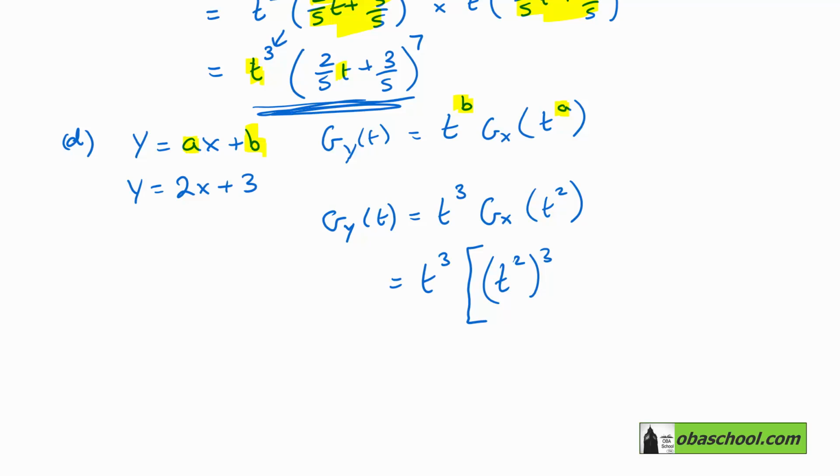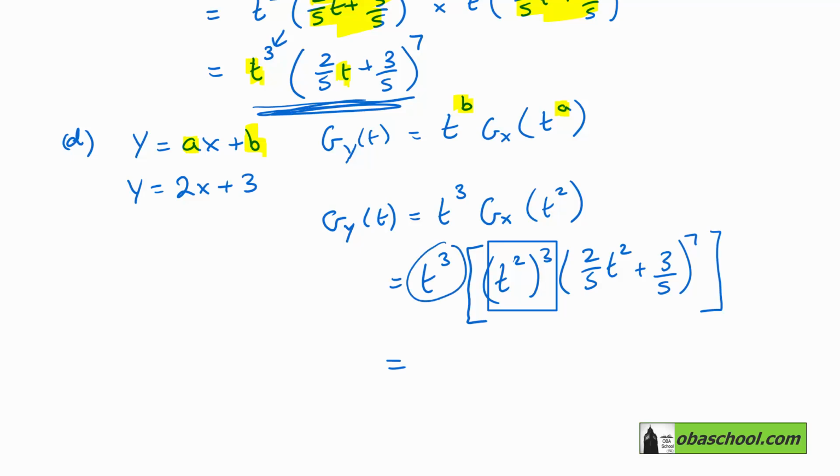And then in here, this t needs to be replaced by t squared as well. So that's going to be 2/5 t squared plus 3/5 to the power 7. Now, altogether, index laws, that gives me t to the 6 multiplied by this t cubed is t to the 9, and then we have 2/5 t squared plus 3/5 to the power 7.